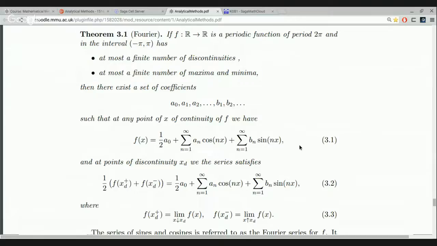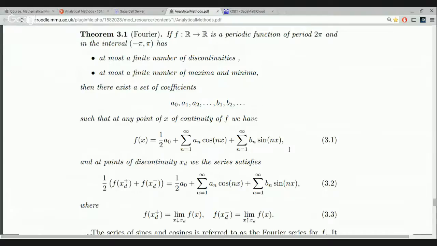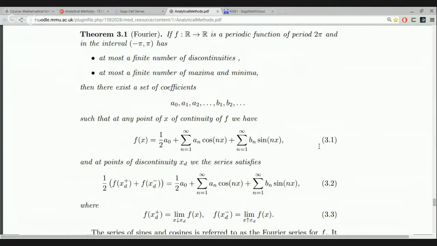Except in this context, it's our function, f of x, expressed as an infinite linear combination of the constant function, the collection of cosine functions for each n, and the collection of sine functions for each n. So what we're going to see today is some examples of finding these for some example functions f.